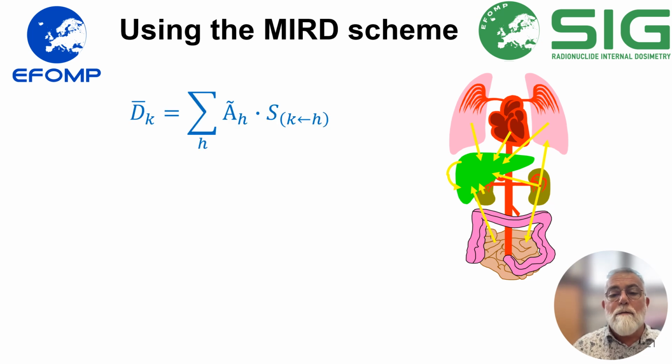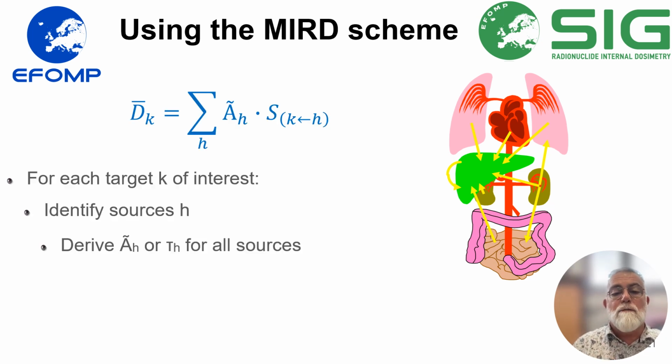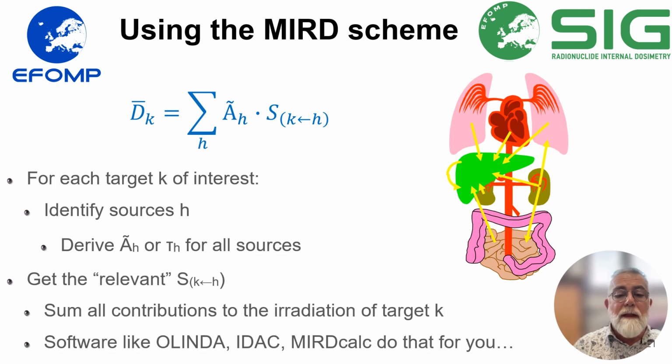So the algorithm, so to speak, for that equation would be to say, for each target k of interest, and again, you're selecting the target of interest, you identify the sources, you derive a time-integrated activity or time-integrated activity coefficient, accumulated activity, residence time for all the sources, and then you select the relevant S values and you sum all the contributions of the irradiation from all the sources to the same target k.